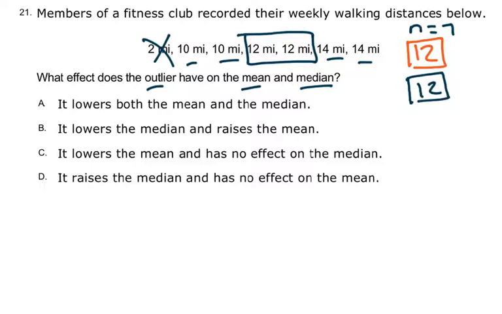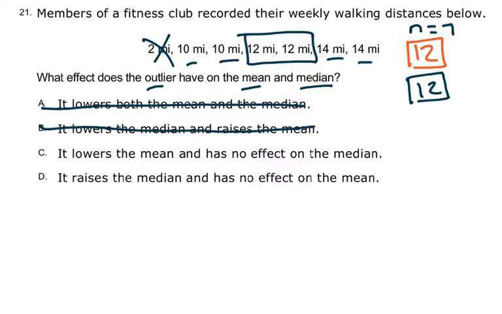So before I move further with figuring out what the mean is, let's take a look at our answer choices and see if we can eliminate anything. All right, so A says it lowers both the mean and the median. Well, we don't know about the mean because we haven't done that yet, but we know for sure that it has no effect on the median, so we can eliminate A. B says it lowers the median and raises the mean. It doesn't lower the median. We just calculated that.